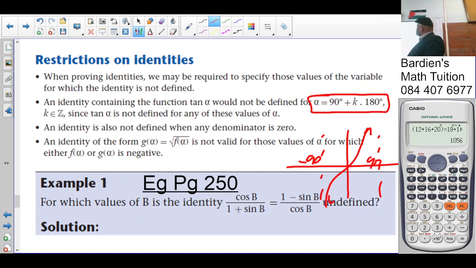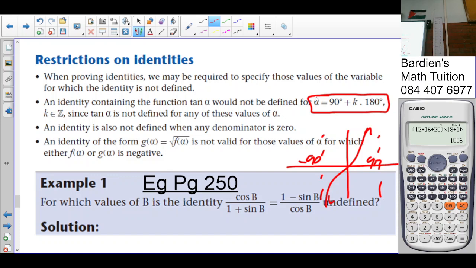So if a denominator is equal to 0, the sum will be undefined. So if there's a trig function or ratio in the denominator, those would be the points at which it will also be undefined, or not defined.